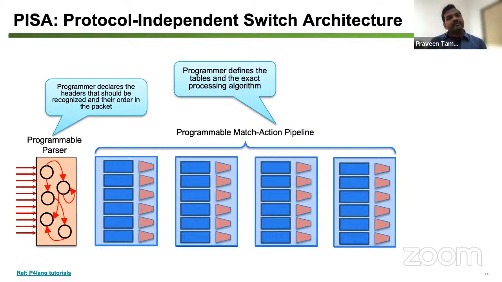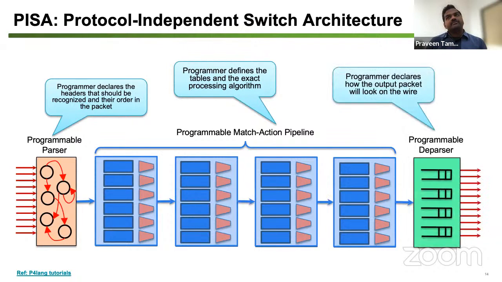Or in L3, you can program the tables with appropriate destination IP prefix entries, and then select the next hop, followed by changing the MAC address and TTL fields so that you can route the traffic to the appropriate port. And finally, you have a deparser, which is the opposite or reverse of the parser, which serializes the packet headers and then puts them onto the interface or queue or application engine.